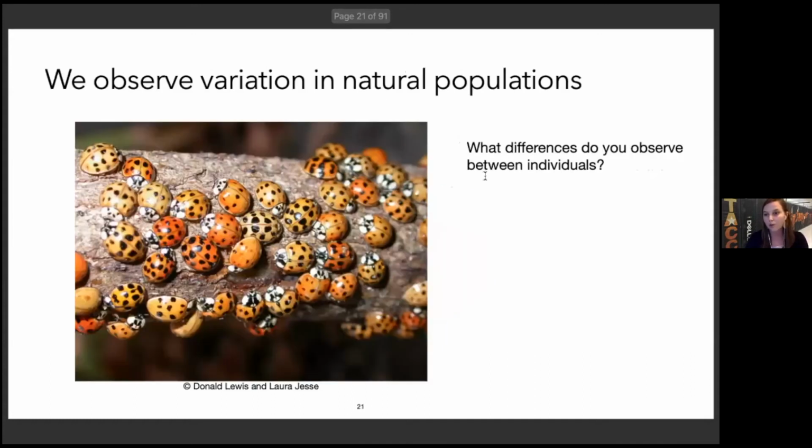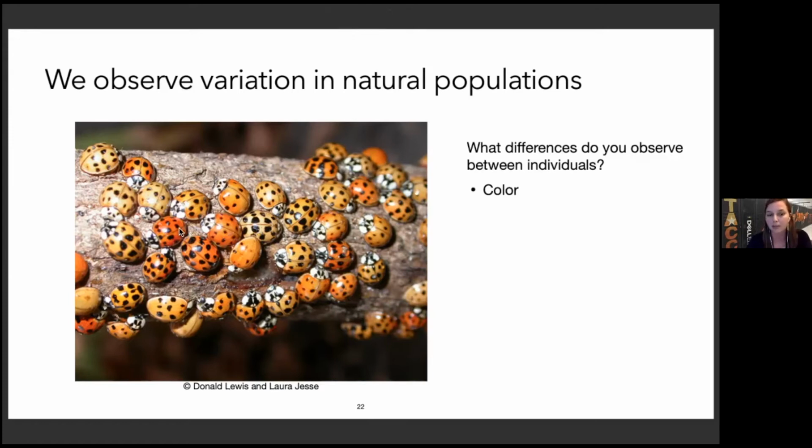That was an example of a population, but we have real populations that we see in nature. And when we look at these natural populations, we can observe a lot of variation between different individuals. When you take a look at this population here, these are all beetles of the same species, but you can see that there are a lot of differences between those individuals. One of the first things you might notice is that there's variation in their color.